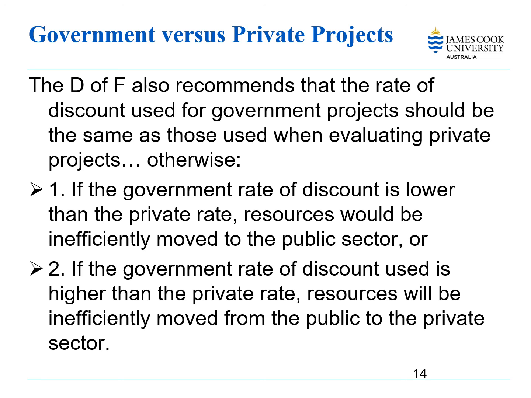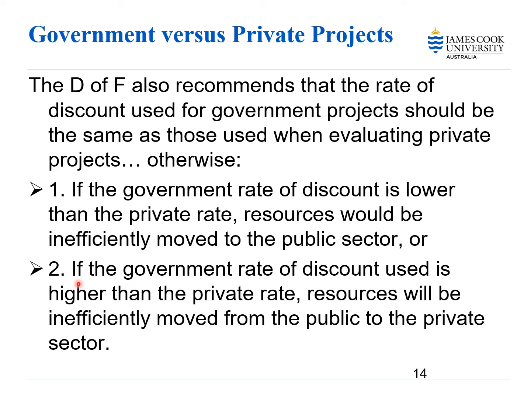The Department of Finance also recommends that the discount rate used for government projects should be the same as those used when evaluating private projects. Because if not, suppose the government discount rate is lower than the private rate, resources will be inefficiently moved to the public sector.